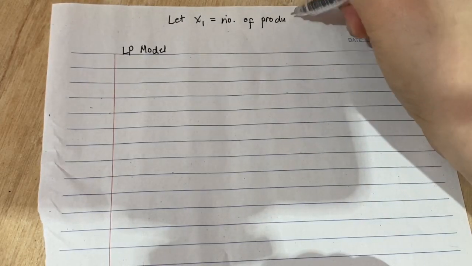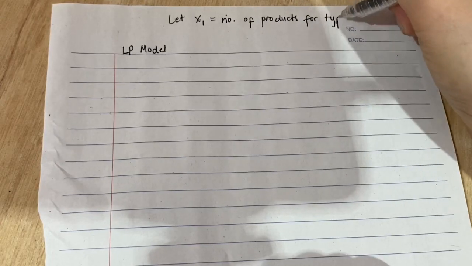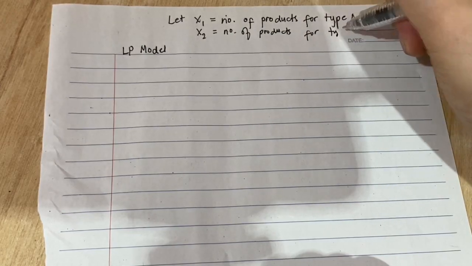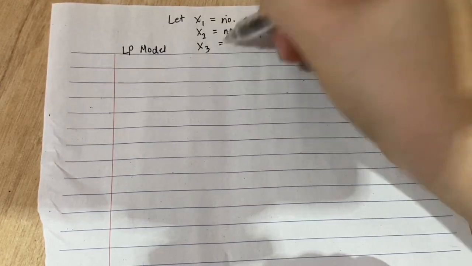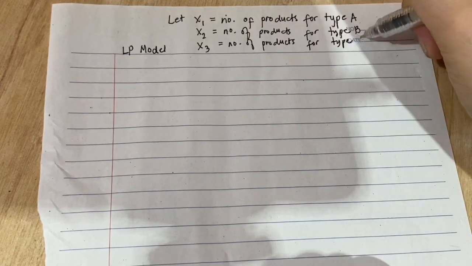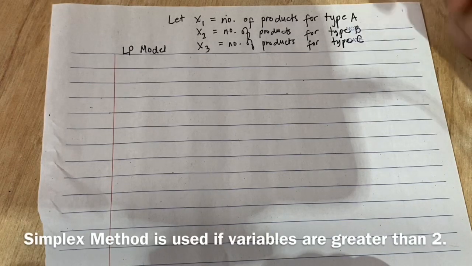X1 will be for the number of products of type A, X2 for the number of products of type B, and X3 will be the number of products of type C. As mentioned, simplex is applicable when the number of variables is greater than 2.